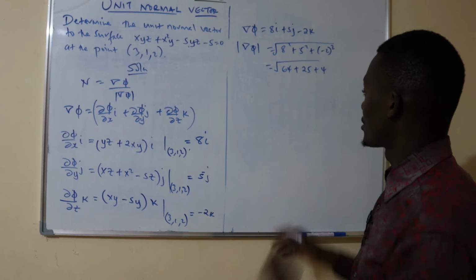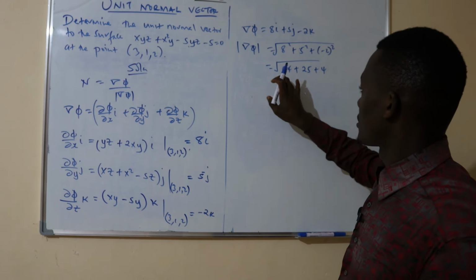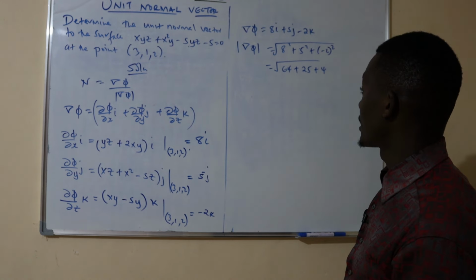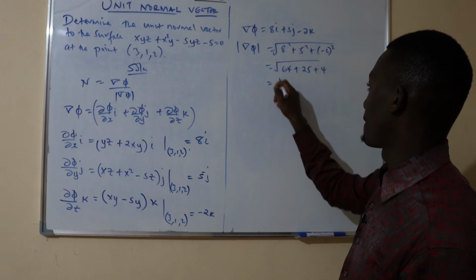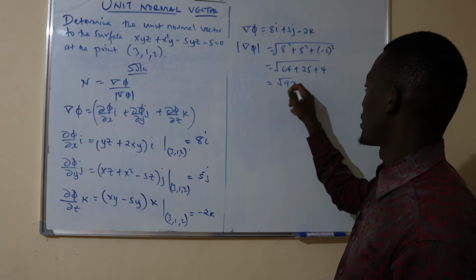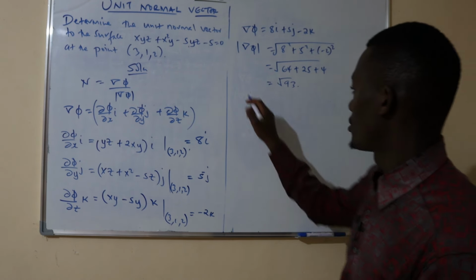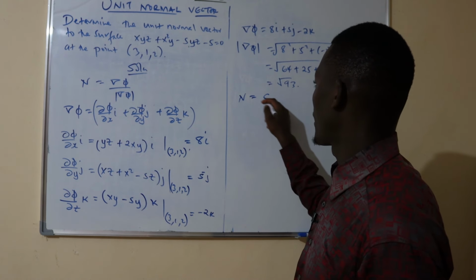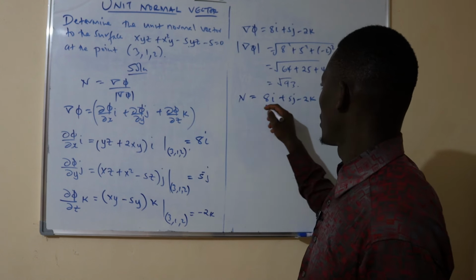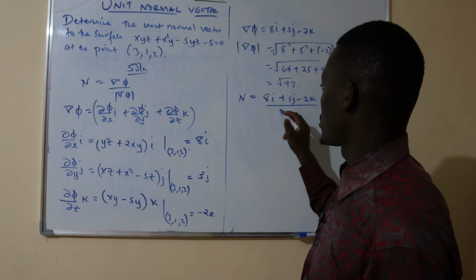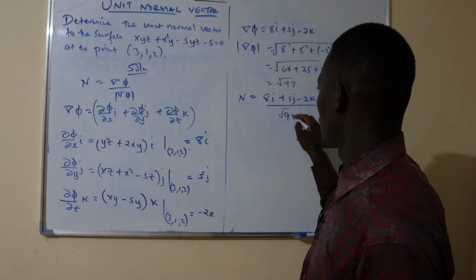Now 64 plus 25 gives you 89. 89 plus 4 gives you 93. Root of 93. So therefore, your unit normal will be given by 8i plus 5j minus 2k all over root of 93.